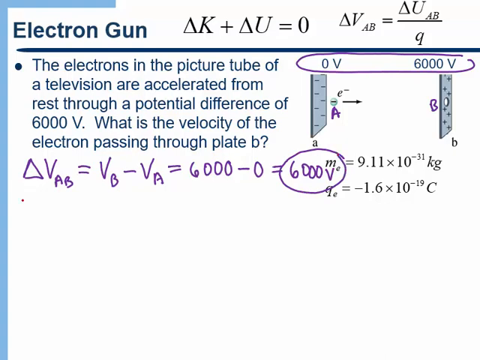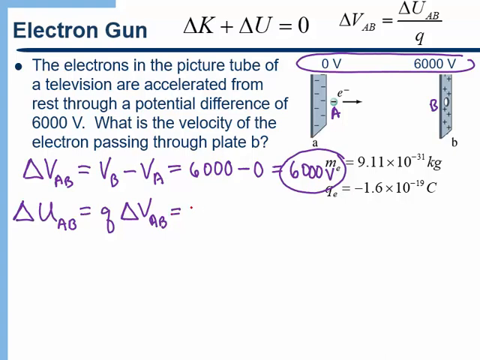Now we would find the electric potential energy change, or delta U. Well, that's just Q times delta V. But notice that even though the electron went through a positive electric potential difference, we know conceptually it's got to be losing potential energy if it's gaining kinetic energy.